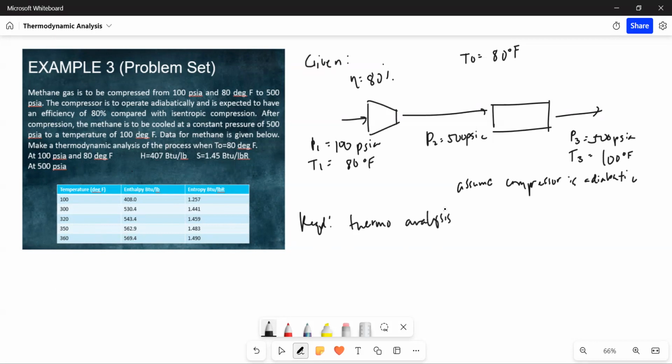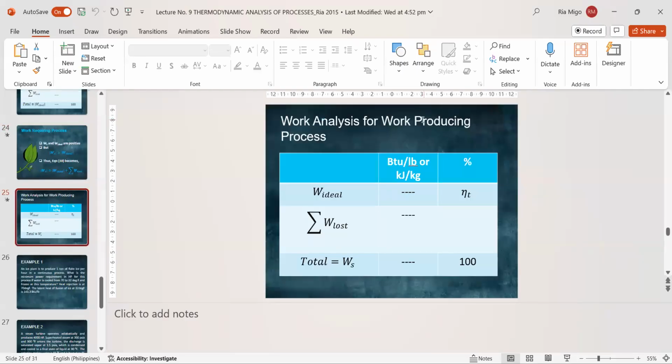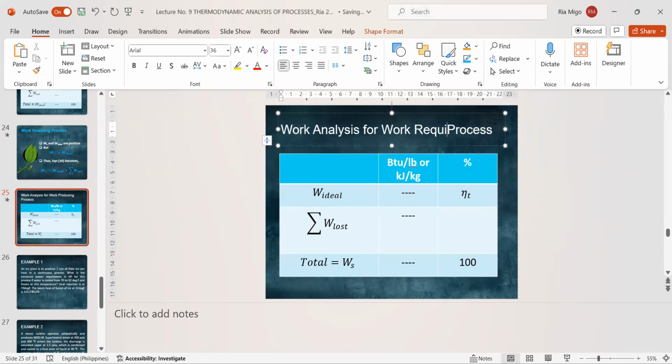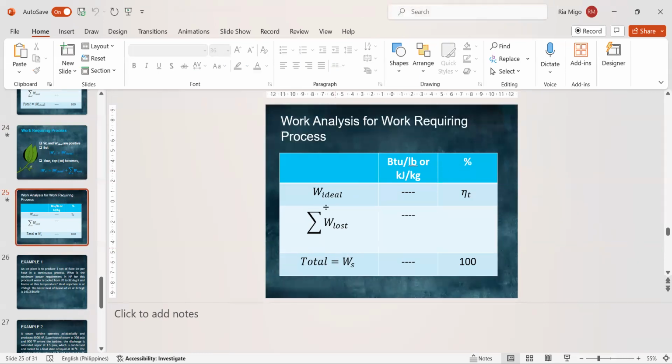Since this is a work requiring process, we will use this table. This is for the work requiring process, wherein the sum of the work ideal plus work loss equals the total shaft work, or the actual work. I'm referring to the actual work.